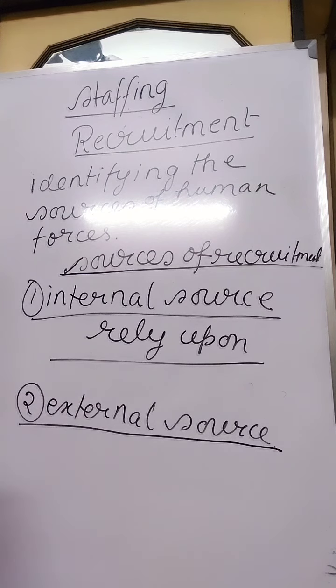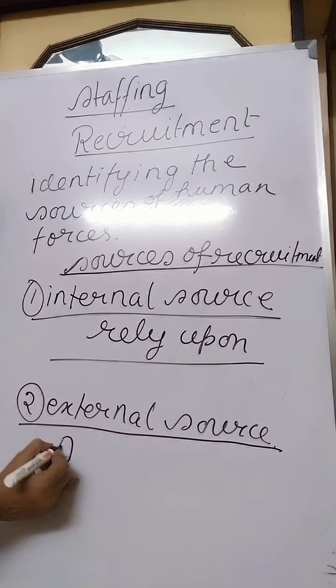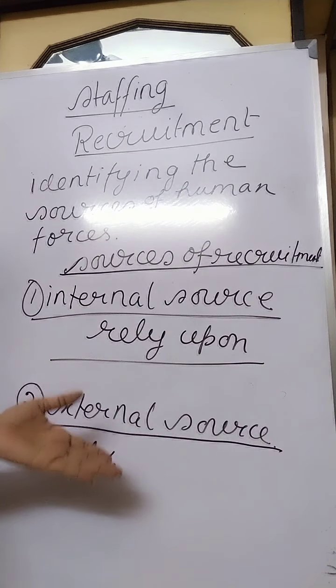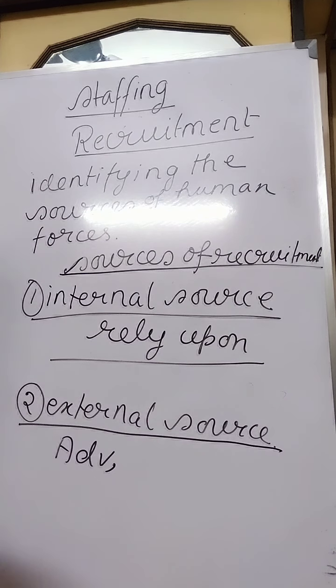Now where from can an organization select external sources? They can give advertisements in the newspaper. This is the method of recruiting personnel for skilled workers and higher staff.